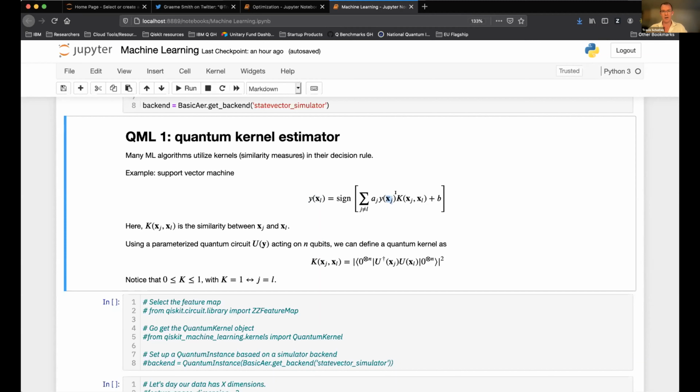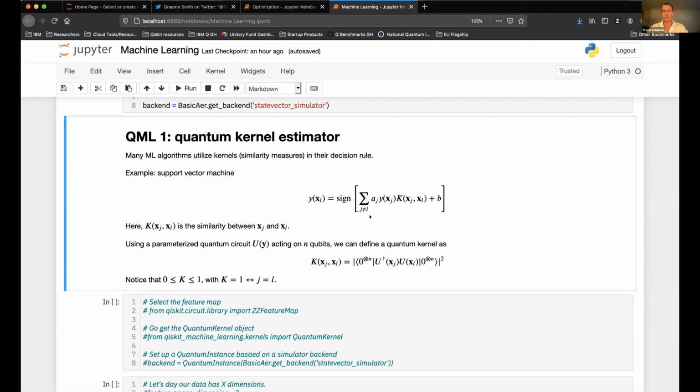And the way that it's going to depend upon them is through this function k of x sub j, x sub l. This is what we call the kernel. It's a way of measuring how similar x sub j and x sub l are. And this makes intuitive sense: if these two data points are very, very similar, then I should probably assign them the same label, right?